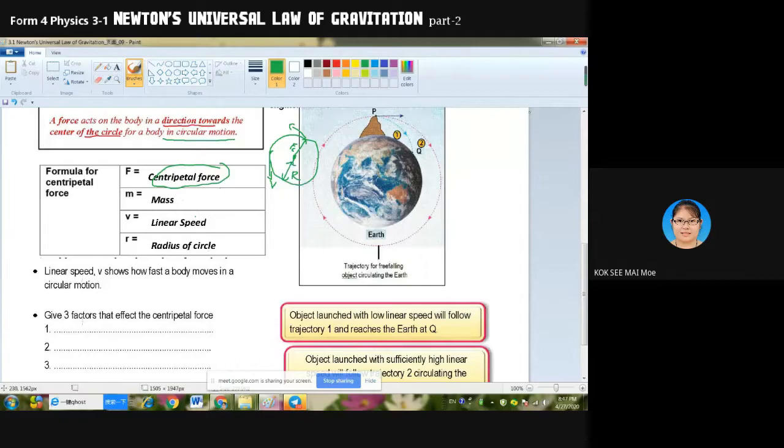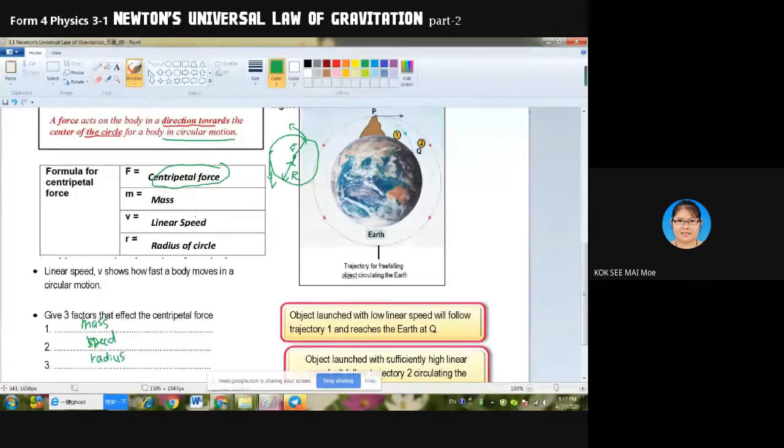The first one is the mass of the body. The second one is the speed. And the last one is the radius. So the formula for the centripetal force must be related with the mass, speed, and also the radius.